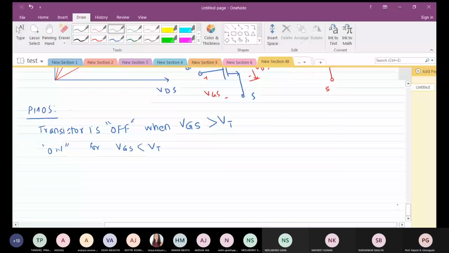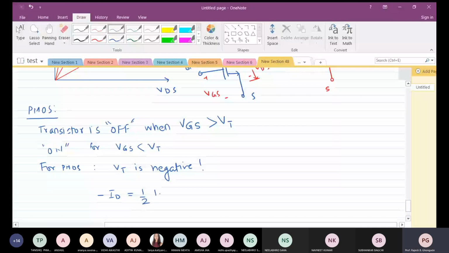Okay, the device parameters will remain the same except for VT. Now here for PMOS, your VT is going to be negative. Remember this.